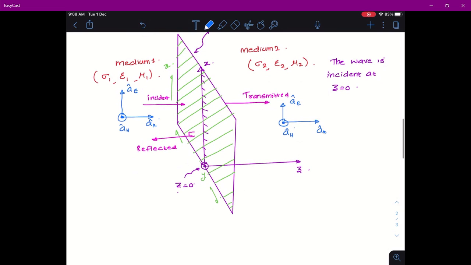Now the wave gets reflected in medium number 1. So what happens is now the direction of propagation has changed, which is now towards minus z.